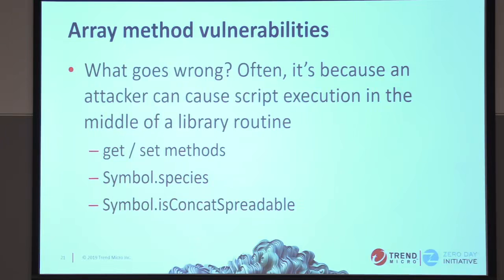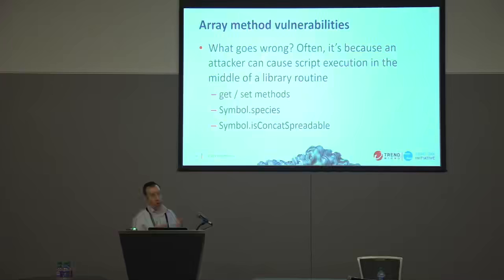So what goes wrong in the array methods? Often it's because an attacker can get script execution to happen in the middle of a library routine. Some ways of doing this include defining getter/setter methods that will execute when a particular index is accessed, or by defining a custom species constructor, or something else that will be called during the operation, like isConcatSpreadable.